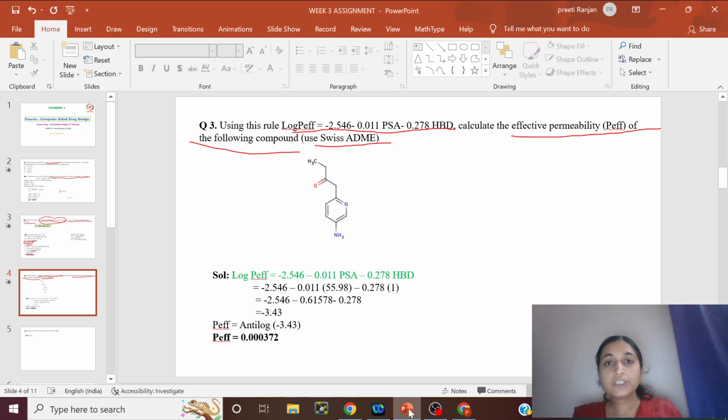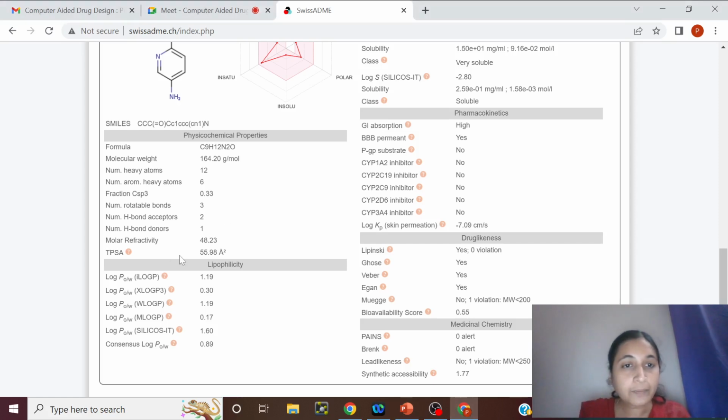Okay, so in these questions, we need first the polar surface area, PSA, and hydrogen bond donor. So we will see the first PSA and HBD. So here PSA is 55.98 Angstrom square and the hydrogen bond donor is 1.